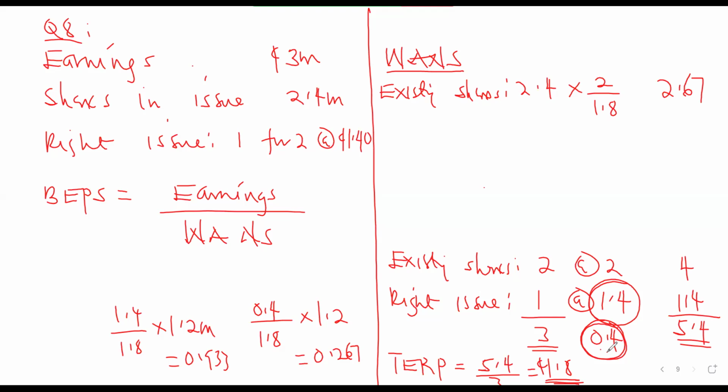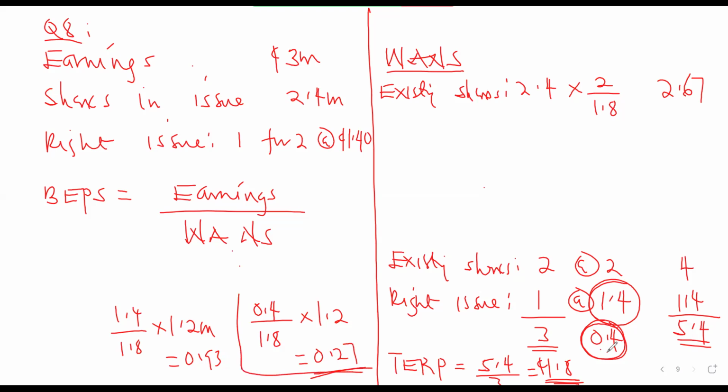So right now the share has increased by what? 0.267. If you are approximating, this will be 0.27 here, and this will be 0.93. Is that correct?